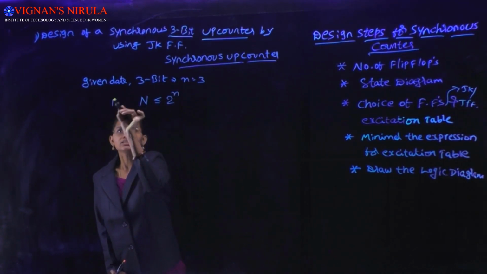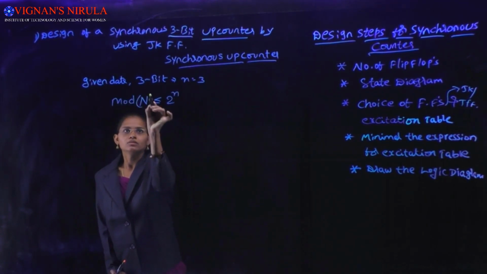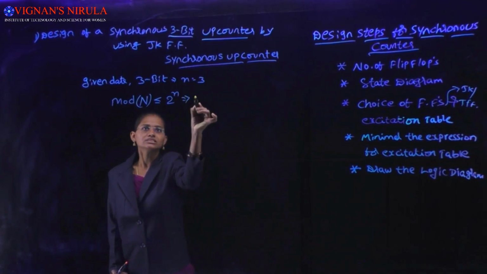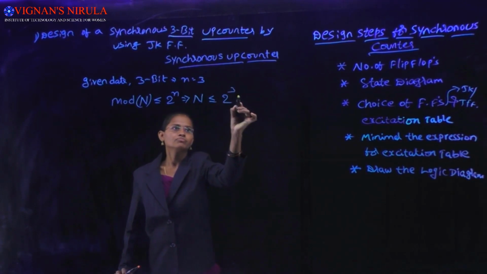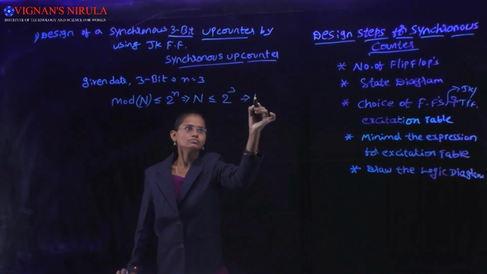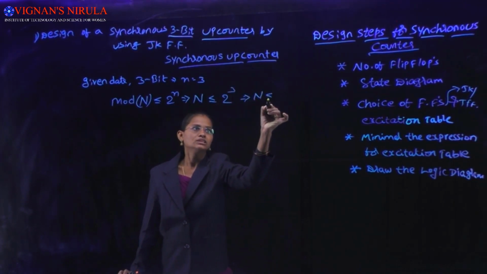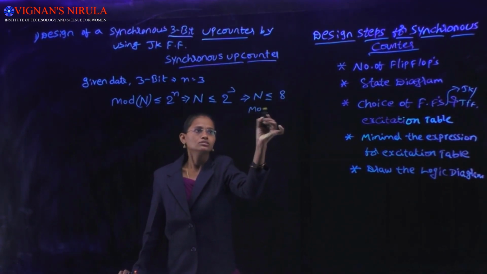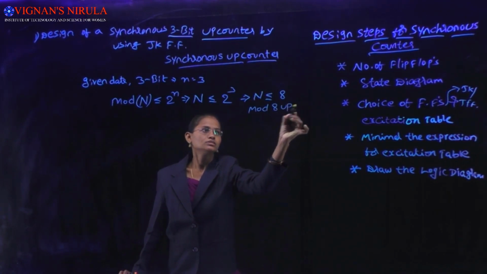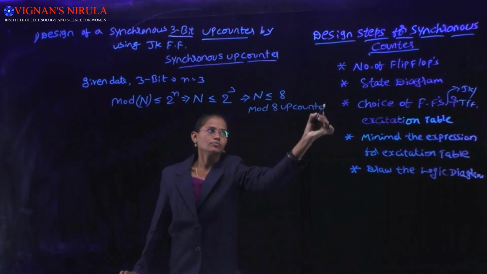Here N is the mod. So N is less than or equal to 2 power 3, so N is less than or equal to 8. So it is called a mod 8 up counter.